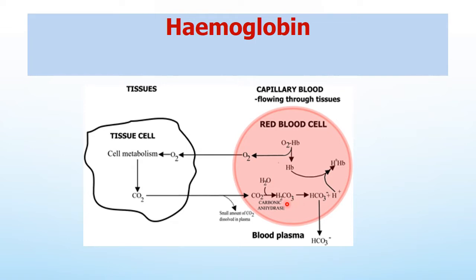This carbonic acid dissociates into bicarbonate and hydrogen ion. This bicarbonate diffuses out into the plasma, and the hydrogen ion makes the pH of the red cell and the surrounding tissues acidic, and hence releases the oxygen from the hemoglobin to the tissues. Now the hemoglobin combines with the hydrogen ion to form the reduced hemoglobin.